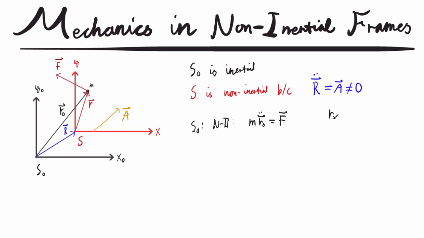Now we need to change into the non-inertial frame, and we do that just by simply noticing that R0 equals capital R plus R, which means that we can take the time derivative here. First we take the first time derivative, then R0 dot is the velocity of the frame plus R dot, and R0 double dot is this acceleration A here plus R double dot.